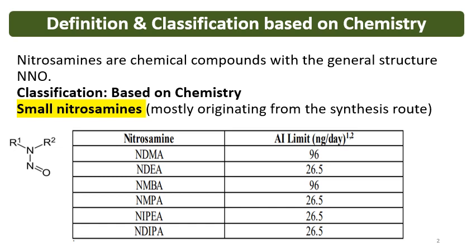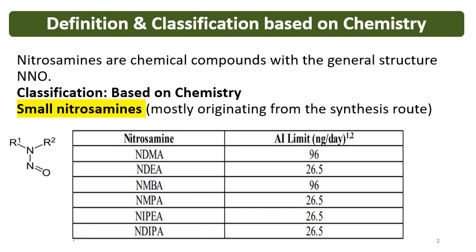So based on the chemistry, the nitrosamines may be divided as small nitrosamines and the bigger nitrosamines or complex nitrosamines. I said the word bigger nitrosamines only for your understanding. You can remember it like bigger structure or bigger group or bigger molecular weight nitrosamines, and the small nitrosamines.